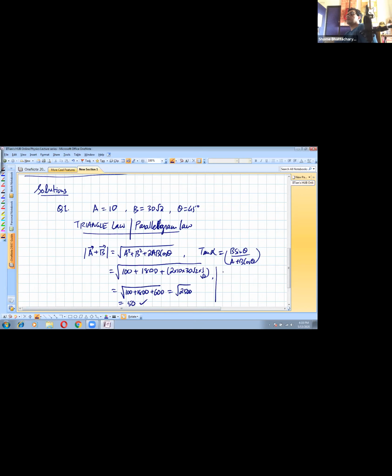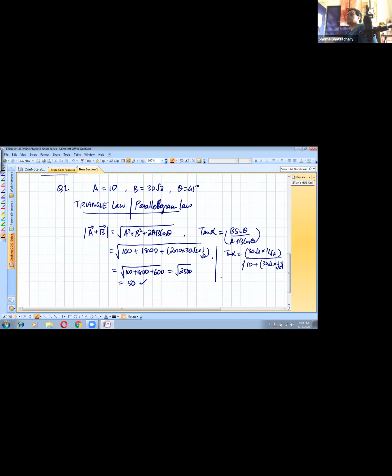Okay. And you also substitute that here. So we get tan alpha equals 30 root 2 into 1 by root 2 divided by 10 plus 30 root 2 into 1 by root 2. So further this becomes 30 upon 10 plus 30 or 3 by 4.